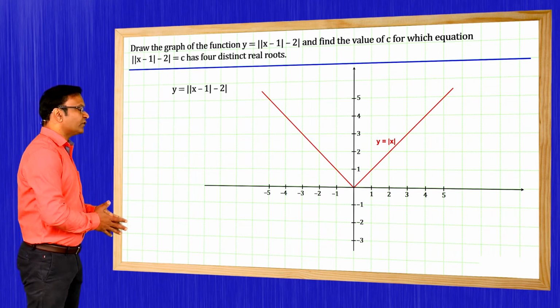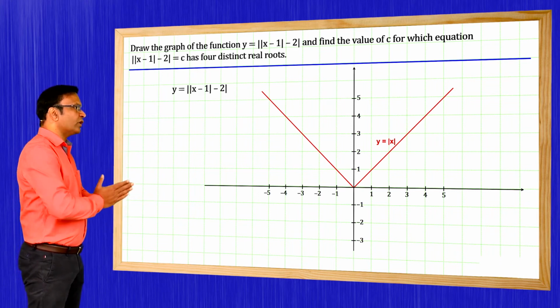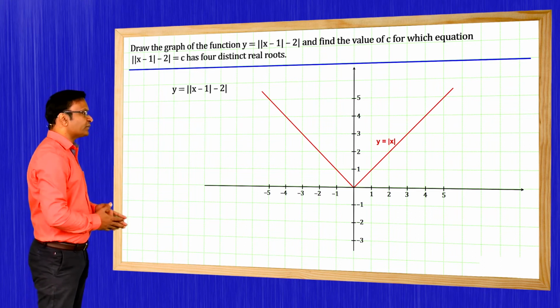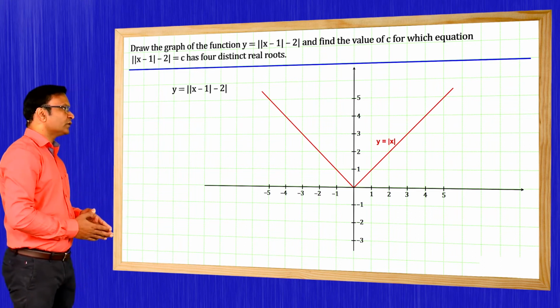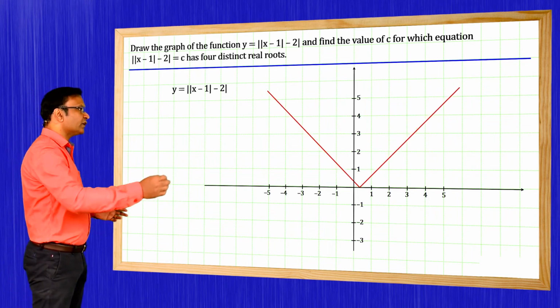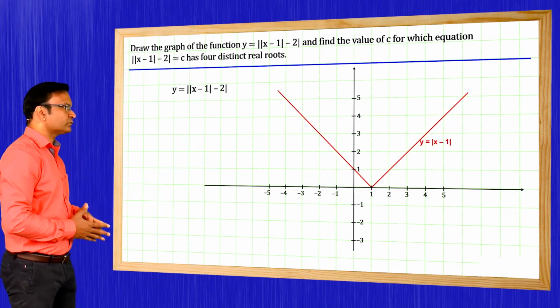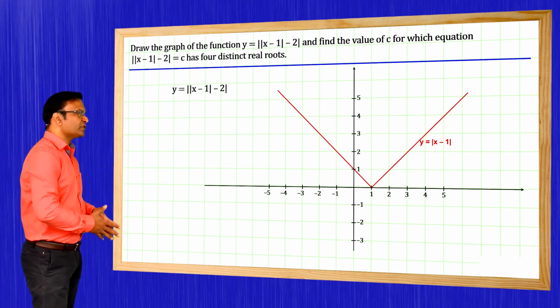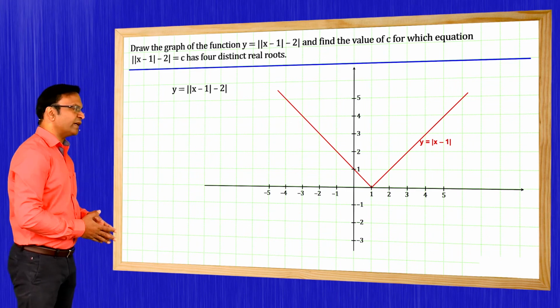From this graph we will get the graph of function mod x minus 1. And we can get this by shifting this graph 1 unit horizontally to the right. So this represent function y is equal to mod x minus 1.